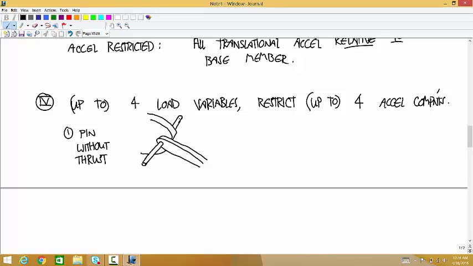That's what the thrust refers to. So it's without thrust because these members can slide along that pin. They can get farther apart or closer together on that pin.